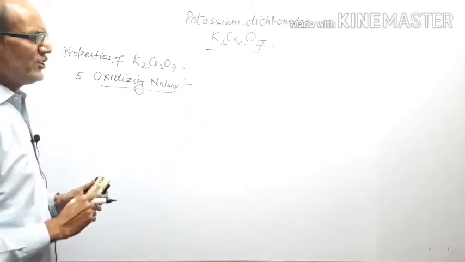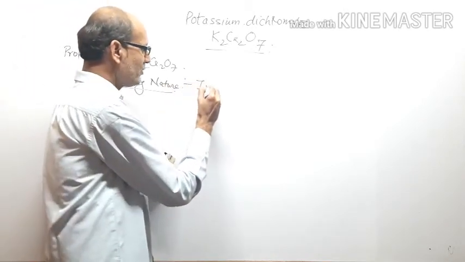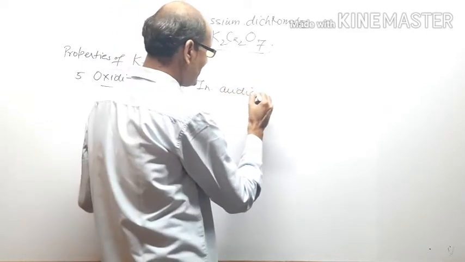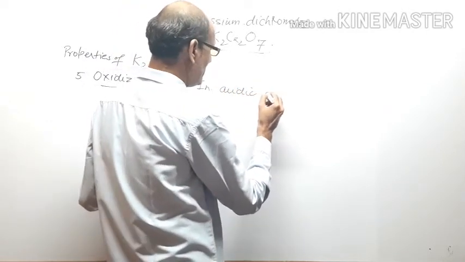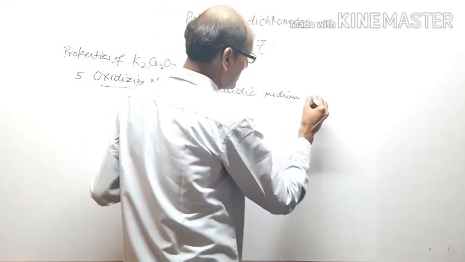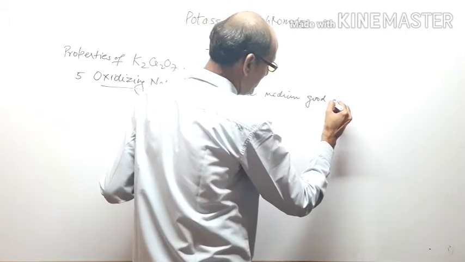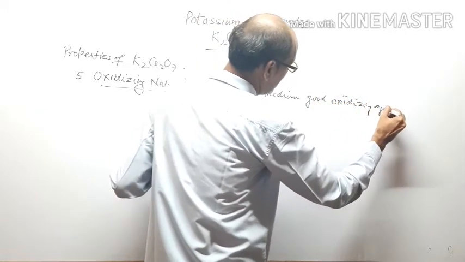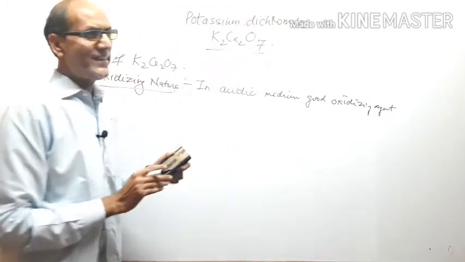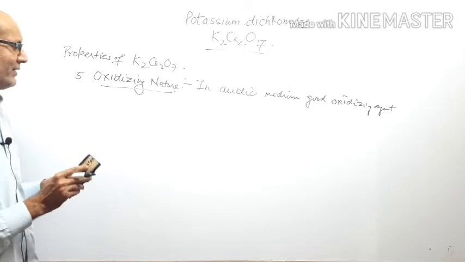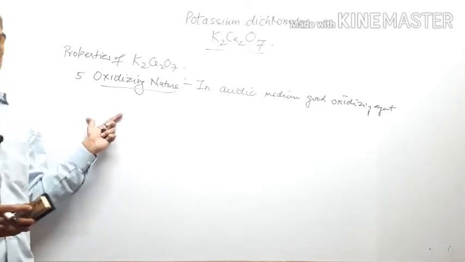In acidic medium, potassium dichromate is a good oxidizing agent. When we add H2SO4, it forms nascent oxygen according to the following reaction.